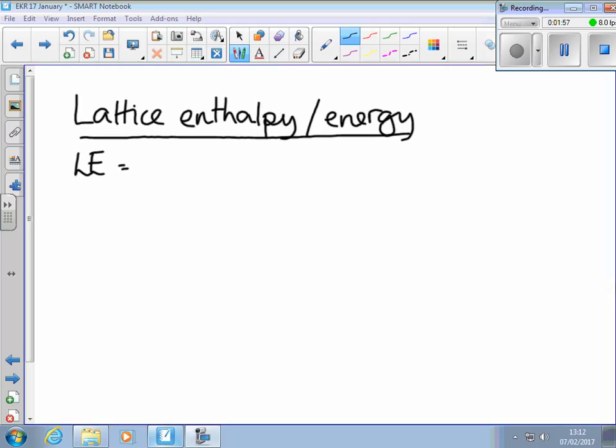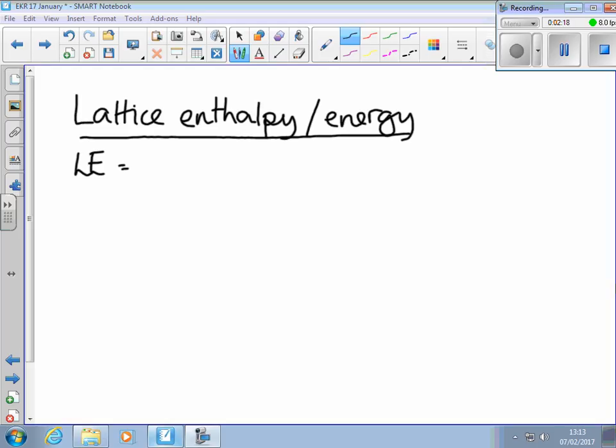For every sodium you had 6 chloride ions around it, and every chloride had 6 sodiums around it. And all the ionic compounds will tend to form this lattice structure. So that's what this is about, and it's about the forces between the ions in a solid crystal lattice.